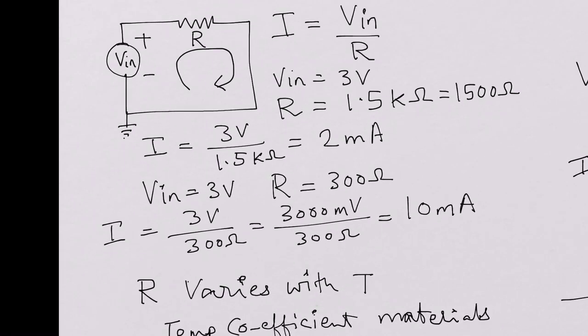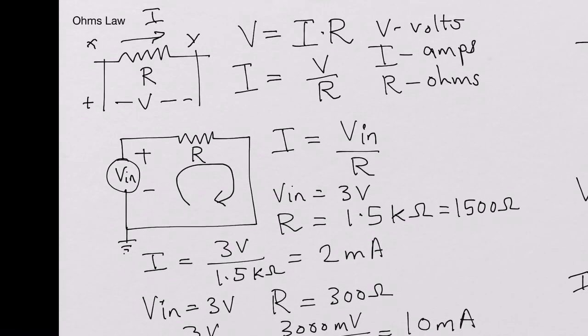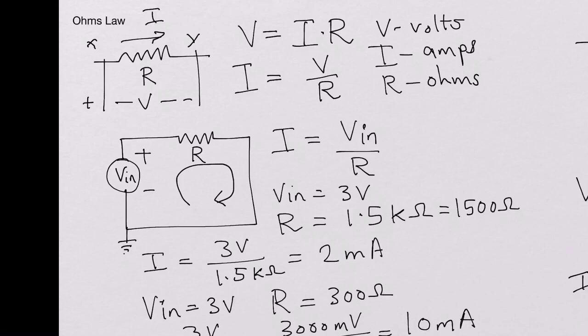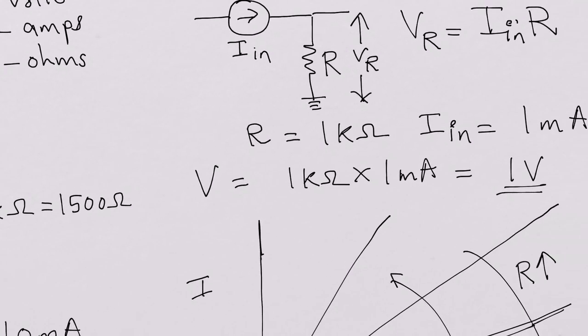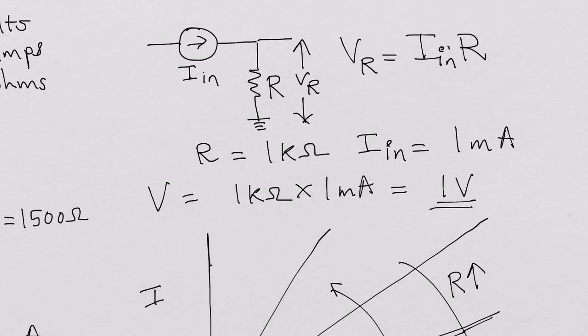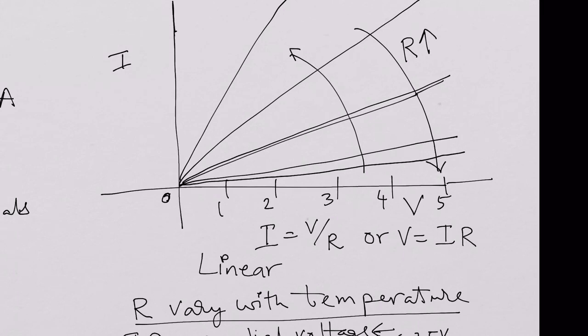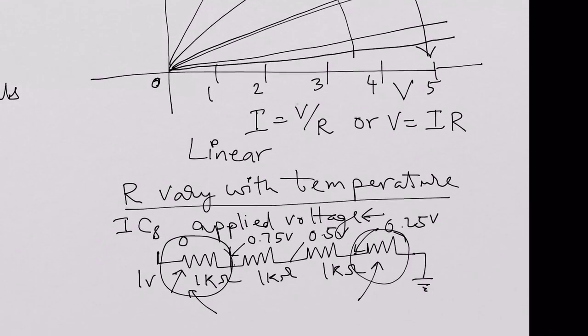So in this video we learned about Ohm's law, the relationship between V, I and R in a resistor. We applied a voltage across the resistor and measured the current. We forced a current into the resistor and measured the voltage across the resistor, and then we also saw what the IV curves look like for the resistor.